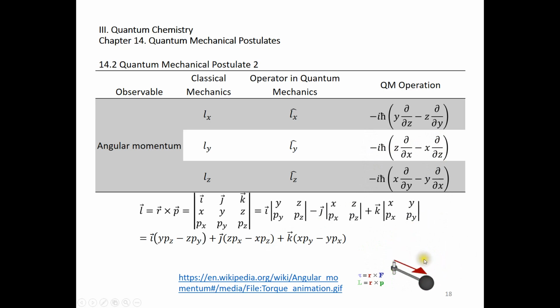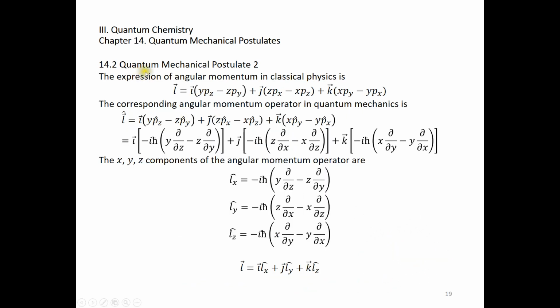Alright, this is just an animation for looking at the angular momentum in classical physics. This L is R cross product P. The expression of angular momentum in classical physics can be expressed as the x component plus the y component plus the z component. i, j, k are the unit vectors in the x, y, and z direction.